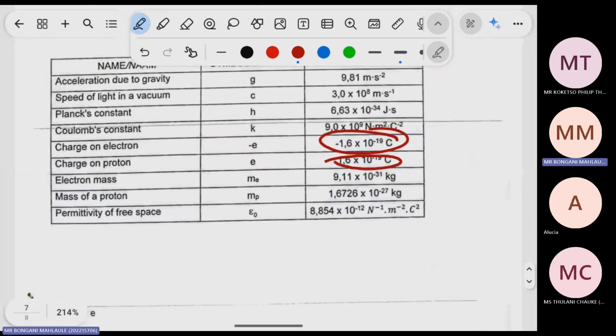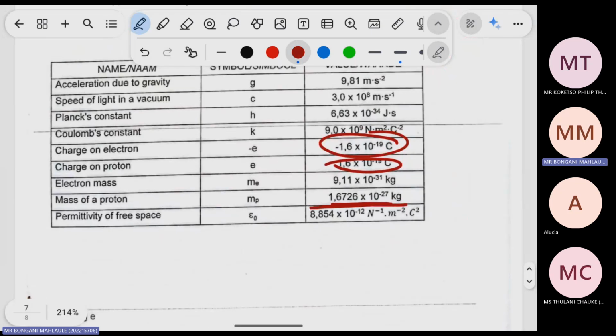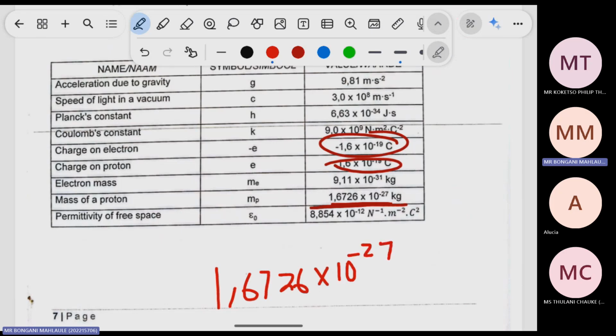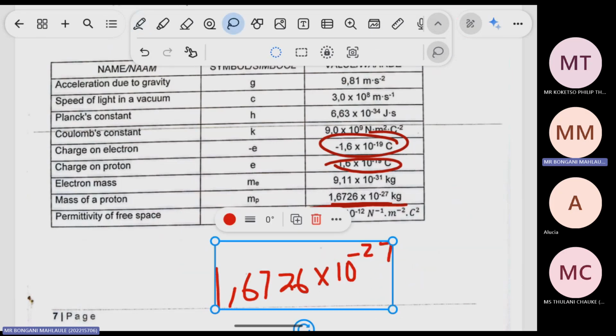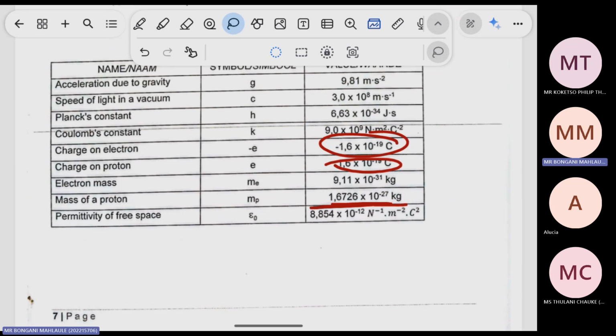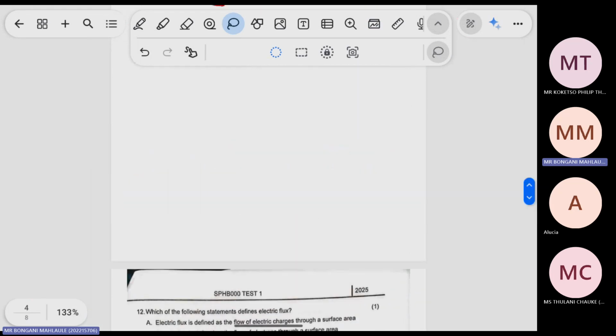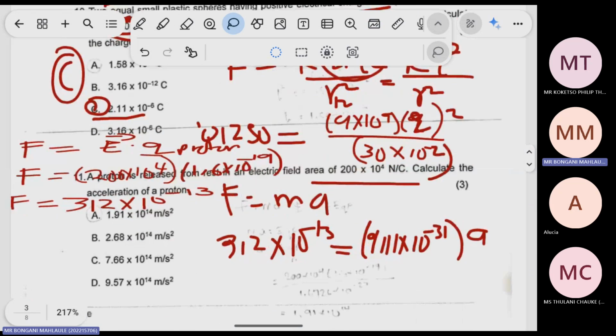Electron mass. No, I took the wrong mass. It should be this one, 1.66. So let me just write it here: 1.66 times 10 to the power -27. This one is the mass of a proton. So the charges are the same, but their masses are different.